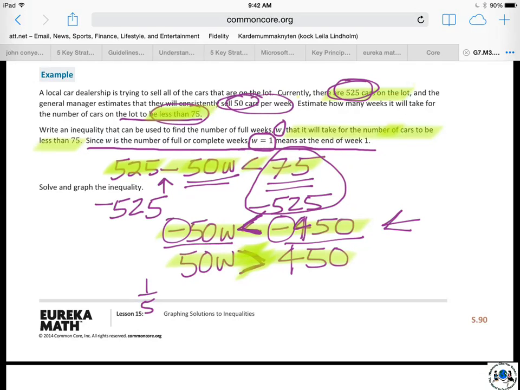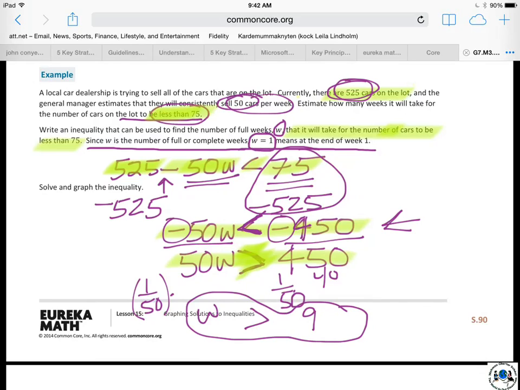Let me just continue solving, because right now we can simply enter our solving process. We are multiplying by 1 over 50. I'm going to stop right here because I made a mistake. This was supposed to be 50 right here. 1 over 50 times 450, and actually that was 9.